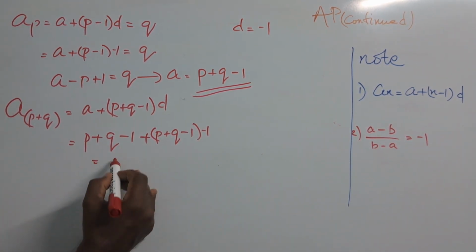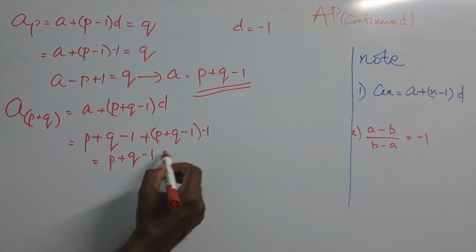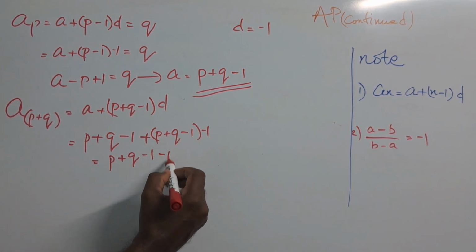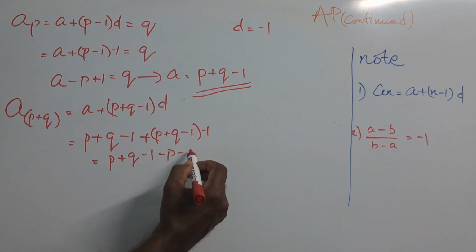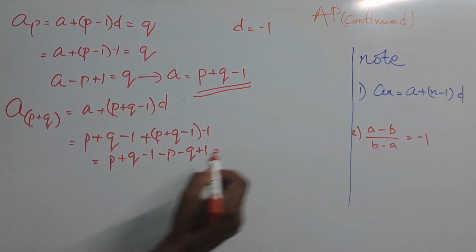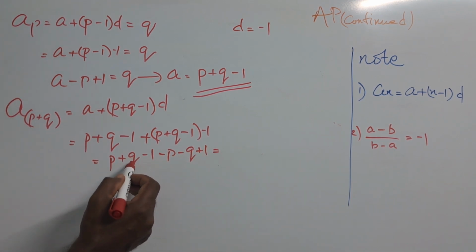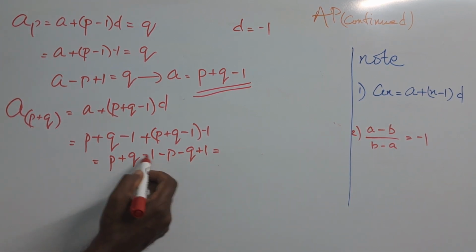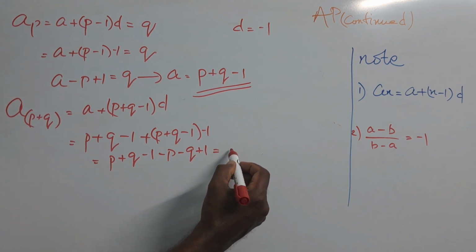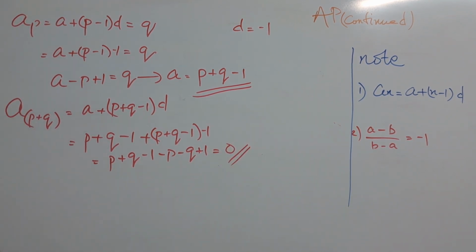That is P plus Q minus 1, minus 1 into P, minus 1 into Q, minus 1 into minus 1, plus 1. P minus P is 0, Q minus Q is 0, minus 1 plus 1 is 0. We have 0 as the (P plus Q)th term.